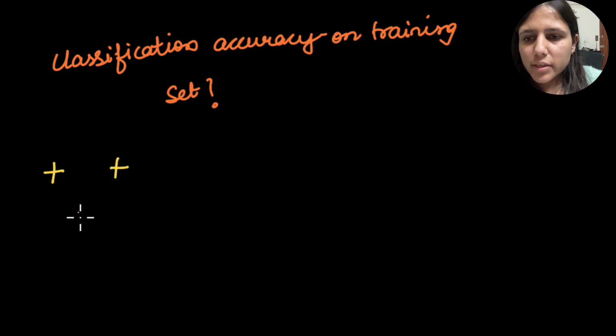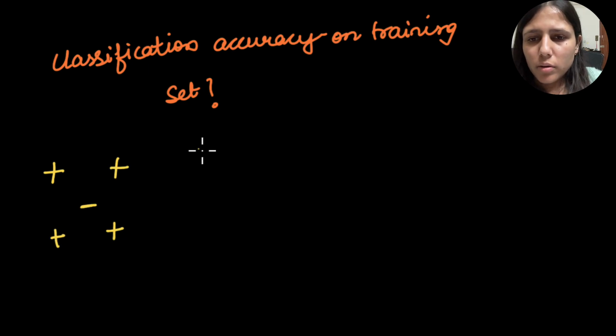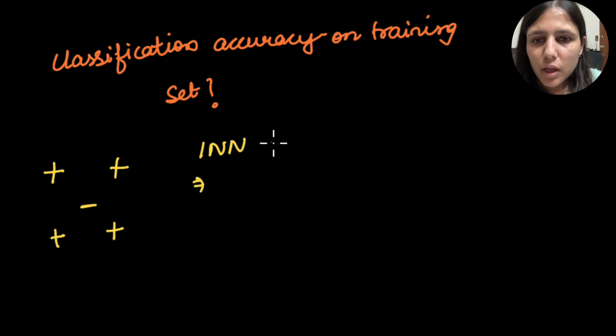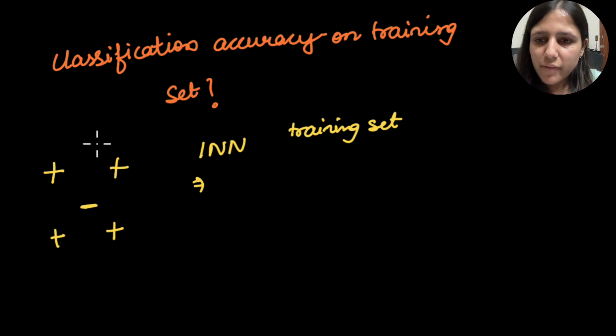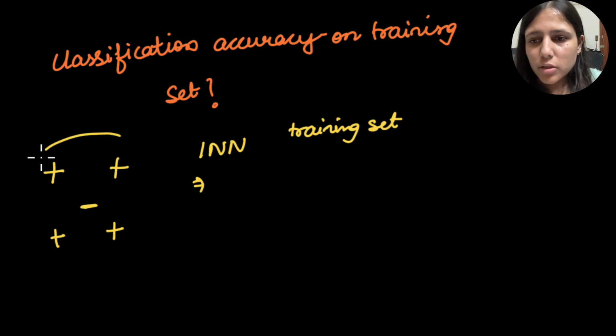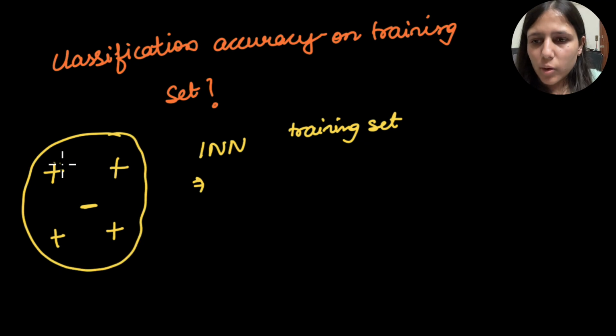Suppose this is my data set. Now let me use a one neighbor classifier here and try to classify it, and I'm doing it on the training set. When I use the training set, all of these examples are already available in the training, right? So whenever I pick a data point from this, it will be classified correctly.